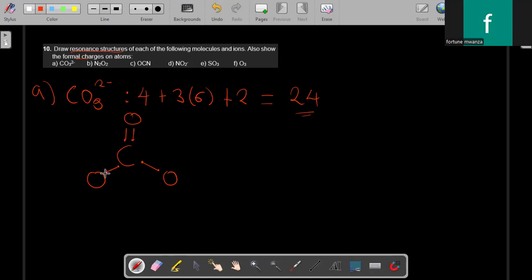Okay. Then we have this oxygen donating 1 electron, and this one electron, and this oxygen also donating 2 electrons there. So now, you know the valence electron for oxygen is 6, okay? So when it donates 2, meaning it will remain with 4.